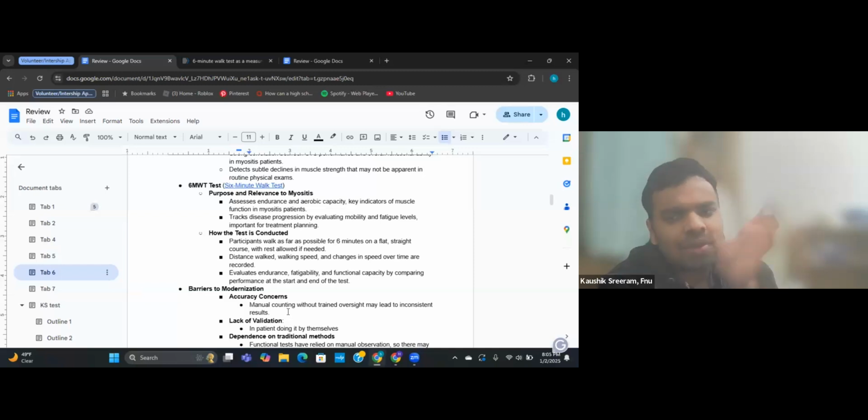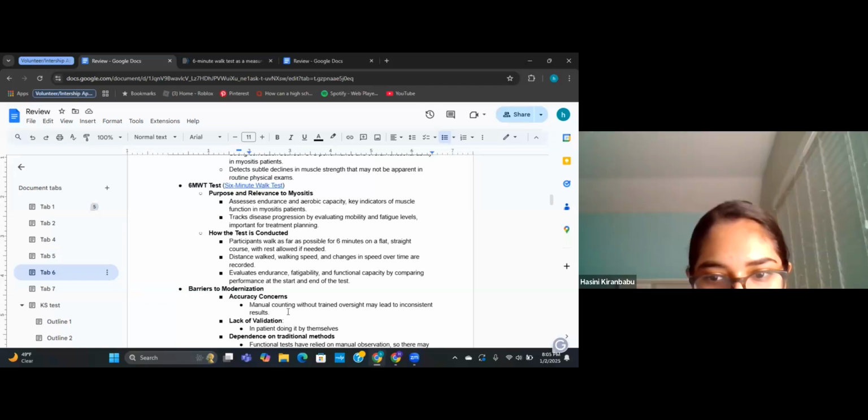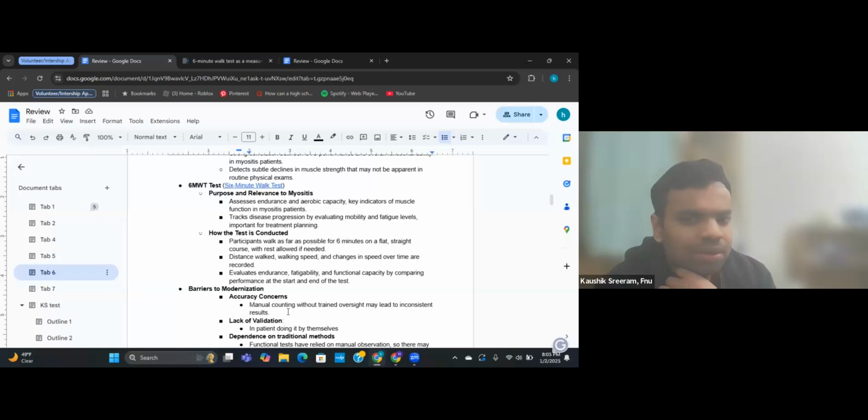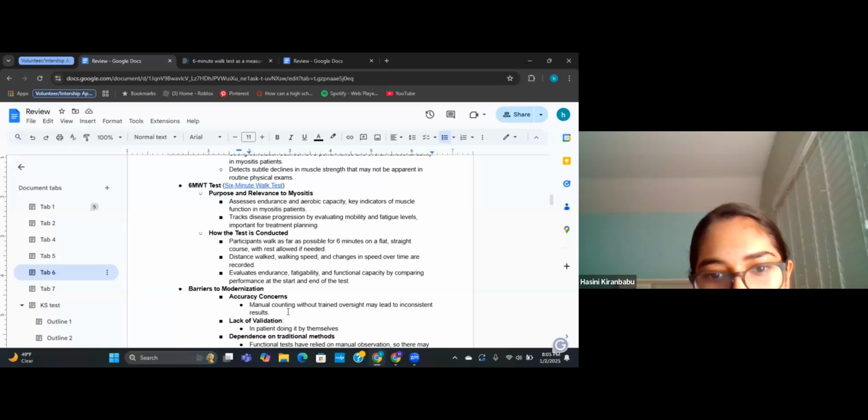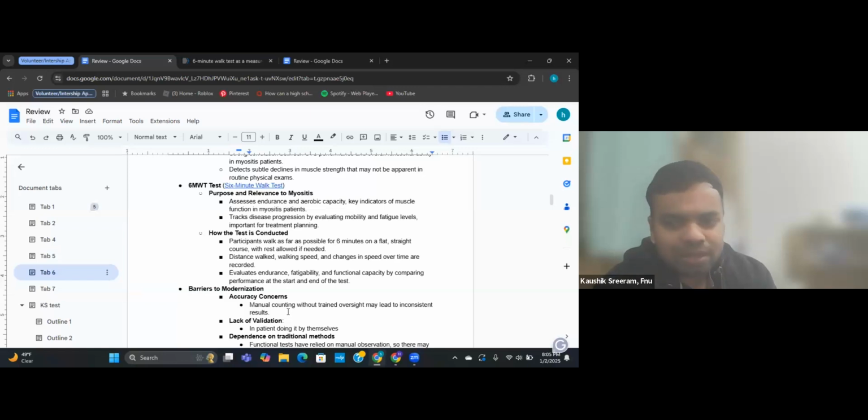In muscle function, what are you assessing? Aerobic capacity and endurance. There is supposed to be one more thing in the 6 minute walk test. Aerobic capacity, fatigue, endurance, I think. Oh, those are not two different points. Those are the same points. So it's just one point.